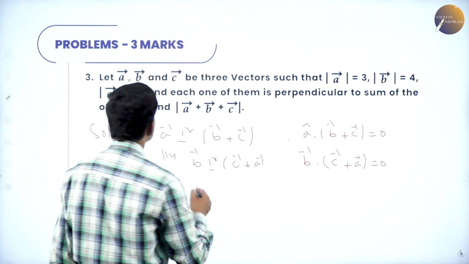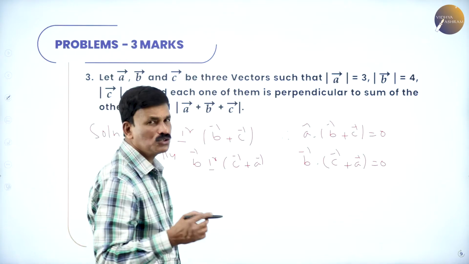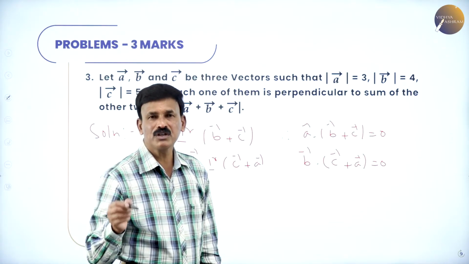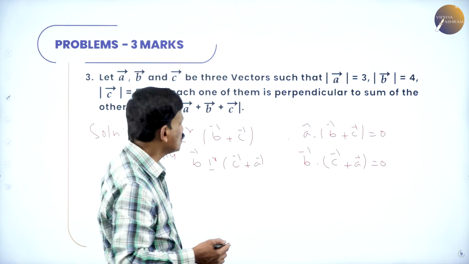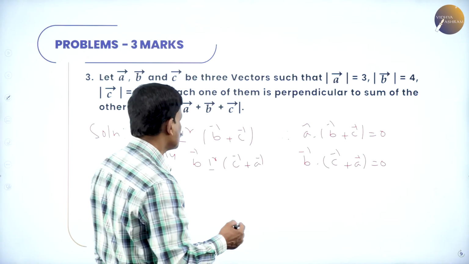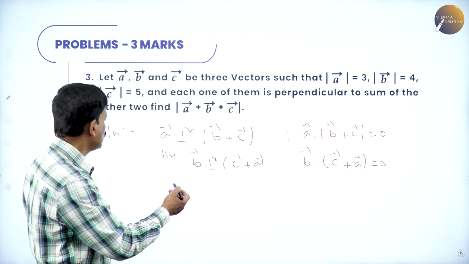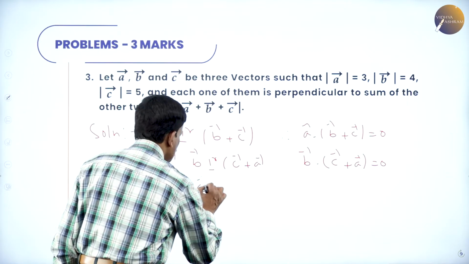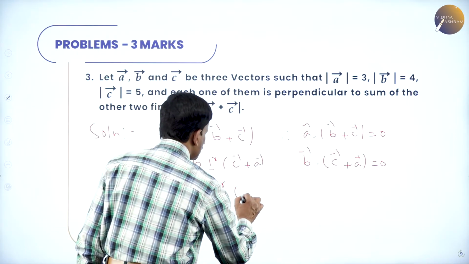So each one of them is perpendicular to the sum of the other 2 vectors. Two vectors are said to be perpendicular if and only if their dot product is equal to 0. Therefore A dot B plus C is equal to 0, B dot C plus A is equal to 0, and similarly another vector C is perpendicular to the sum of the remaining 2 vectors. What is the remaining vector?